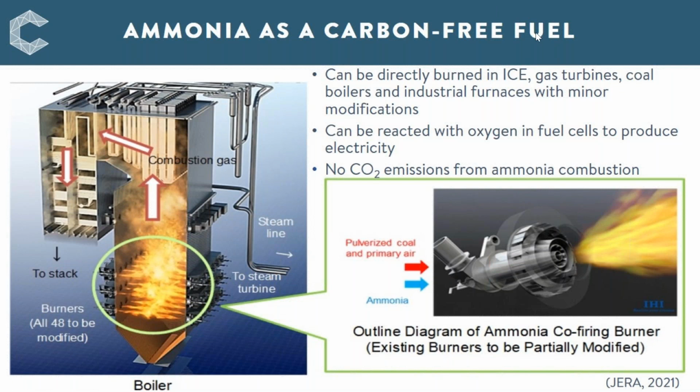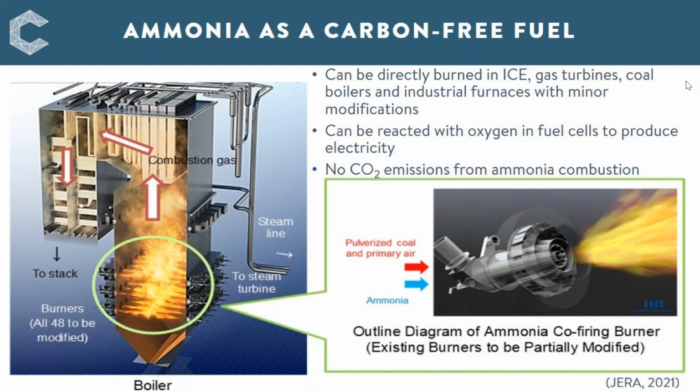There are several power technologies that work well with ammonia as a fuel. Ammonia can be directly burnt with minor modifications in external combustion engines or ICE, gas turbines, and coal boilers, or be fed into a fuel cell to produce electricity.